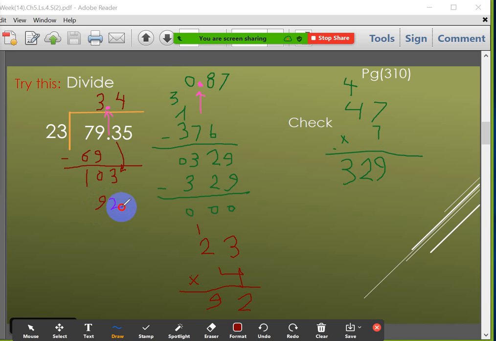So I will subtract it from 103. 3 minus 2 equals 1, and 0 minus 9, I can't, I have to borrow from the 1, so it will be 0, and this 0 will be 10. 10 minus 9 equals 1.